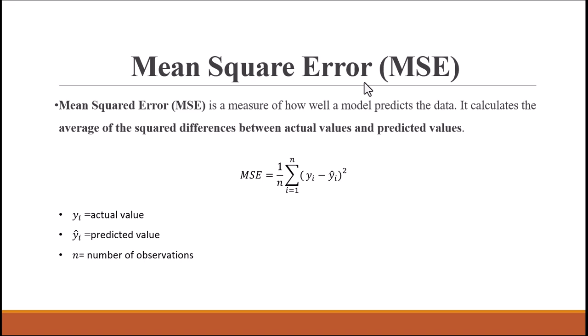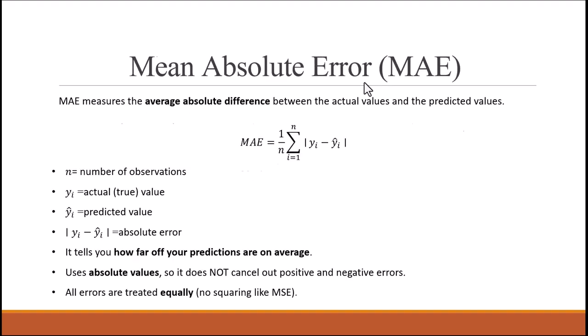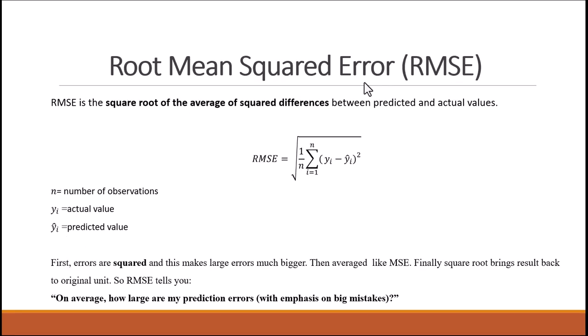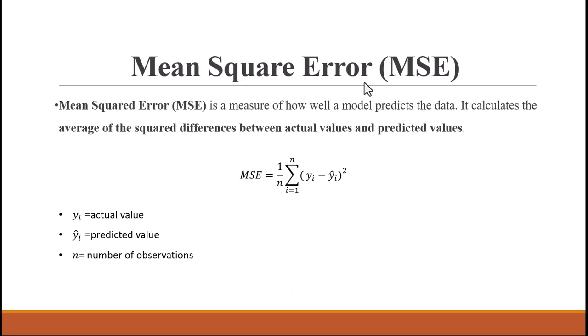What is the difference between mean square error and R squared or adjusted R squared? R squared and adjusted R squared are used to evaluate how well your model can explain the variations in the data set, but the mean square error, mean absolute error, and root mean square error are used to evaluate how far your predictions are from your actual values.